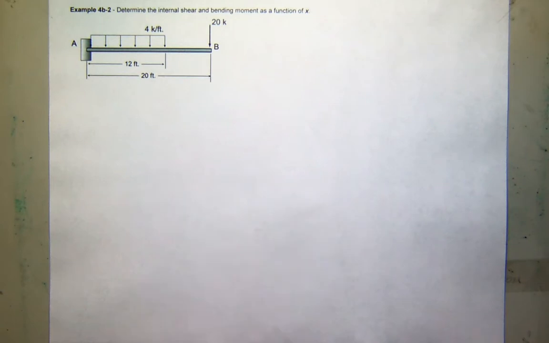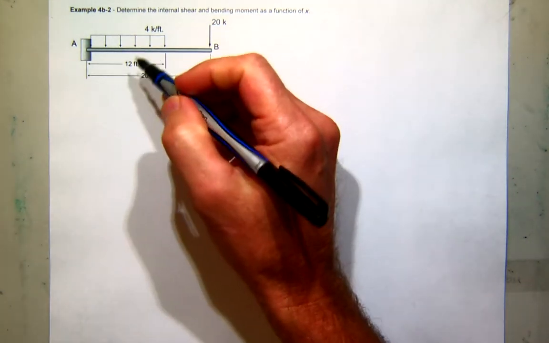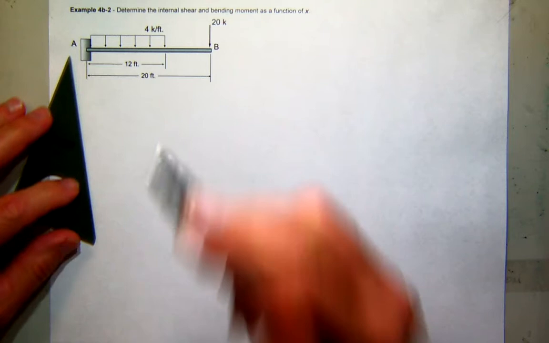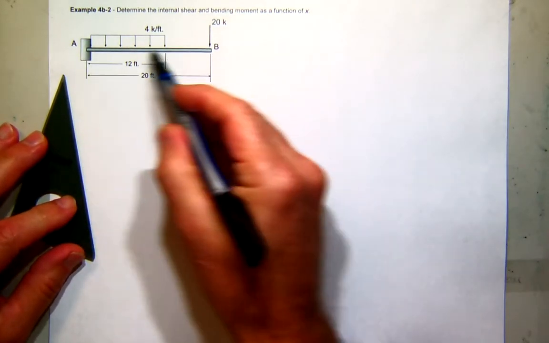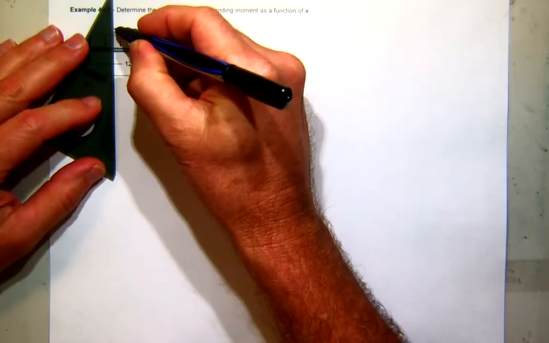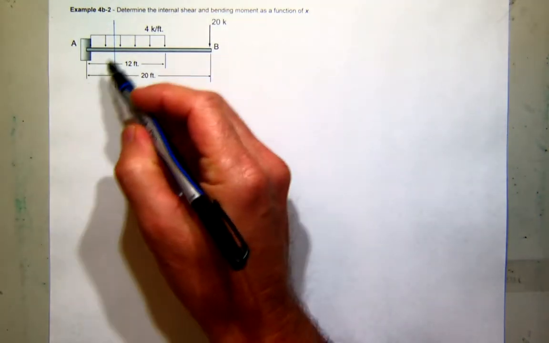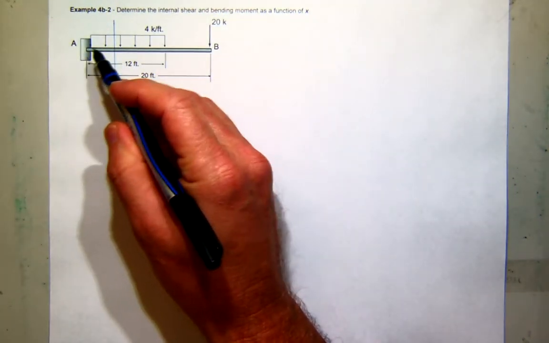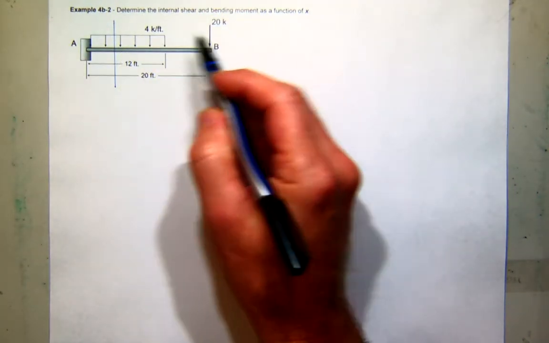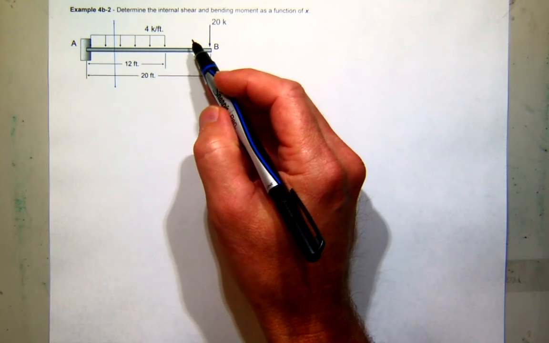So I'll just show you what I want to do. First, I'm going to write an equation that's valid during this first 12 feet. So I can make a cut anywhere I want in that 12 feet. And I can decide, do I want to work the left-hand free body or the right-hand free body? It's completely up to you.